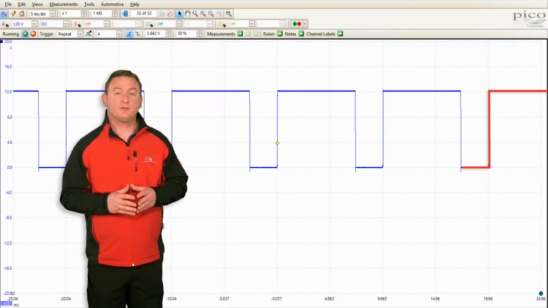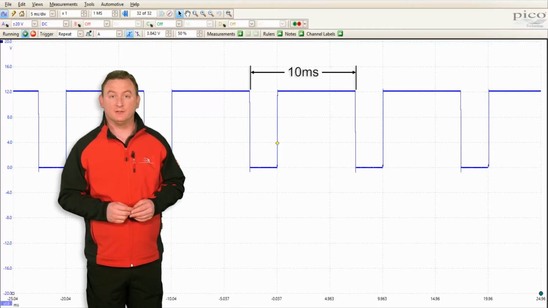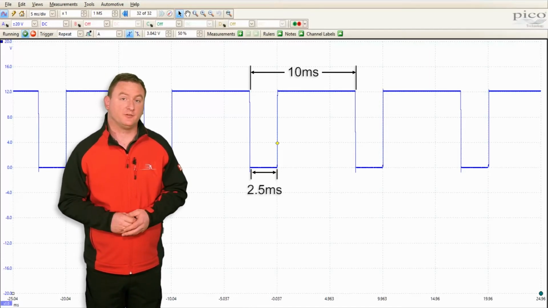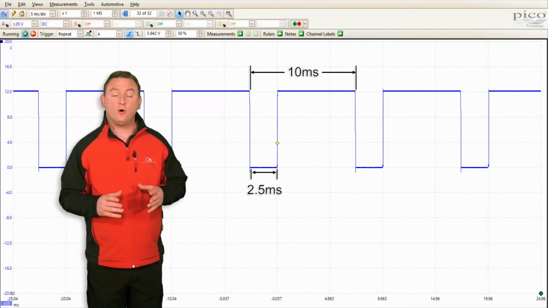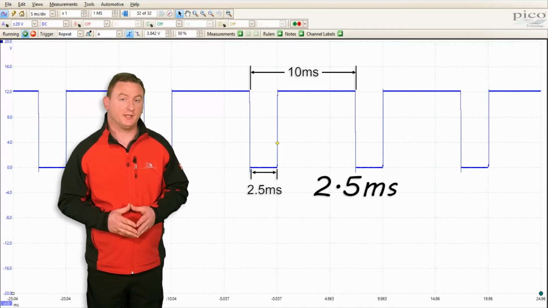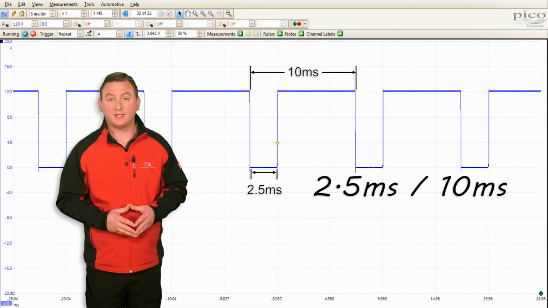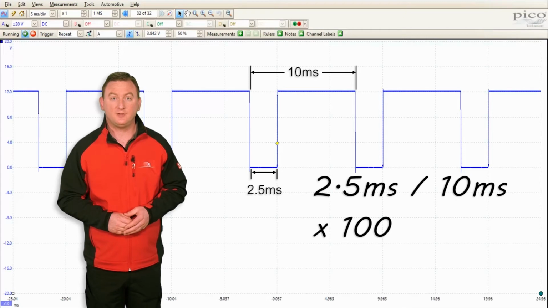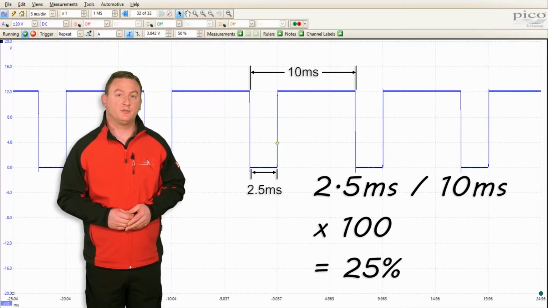If one complete cycle is 10 milliseconds worth of time and the on period is 2.5 milliseconds worth of time, then all we have to do is a simple maths equation. 2.5 milliseconds divided by 10 milliseconds and times by 100 to turn the figure into a percentage equals 25%.